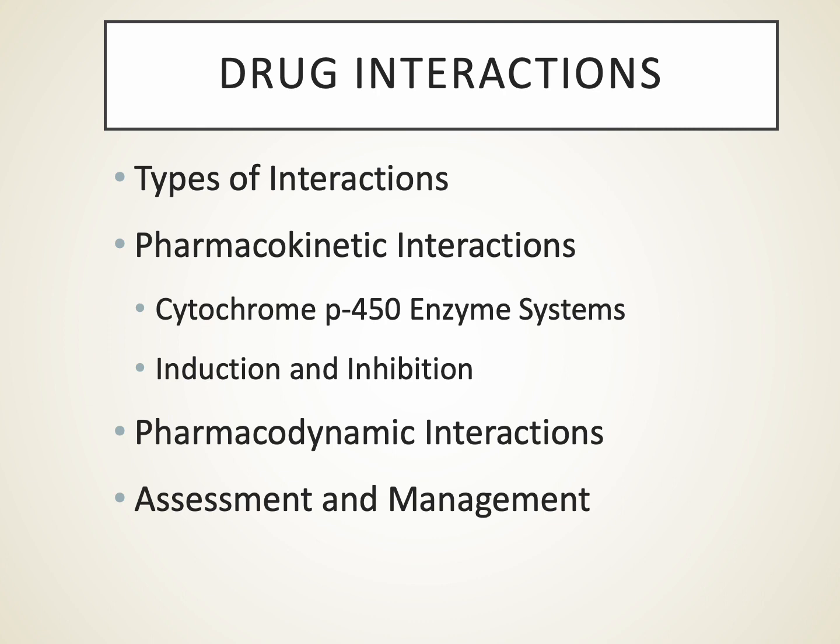And when we talk about the pharmacokinetic interactions related to the enzyme systems, we'll talk about the concepts of induction and inhibition. Also, we think about pharmacodynamic interactions, and here most often it's when two drugs compete for the same receptor. One may be an agonist, one an antagonist, or maybe two are agonists, or one is partial and one is an agonist, something like that.